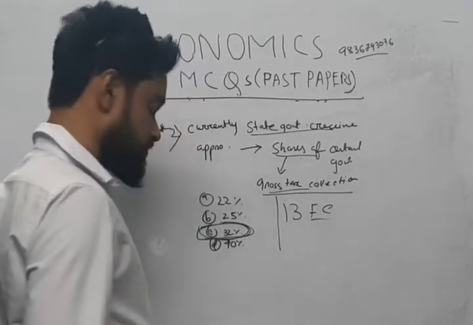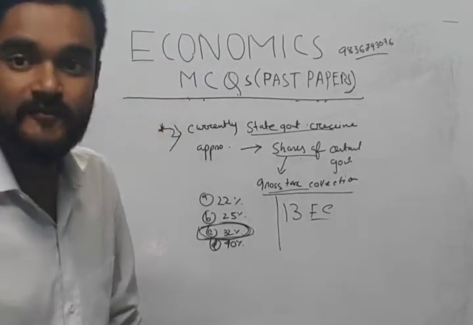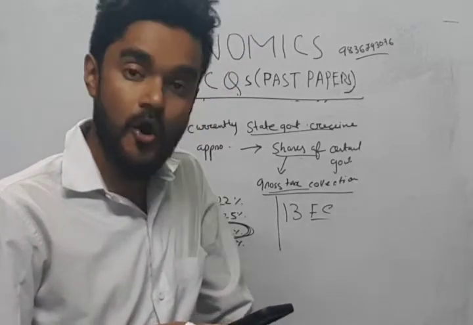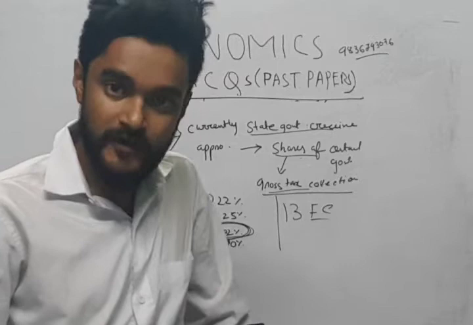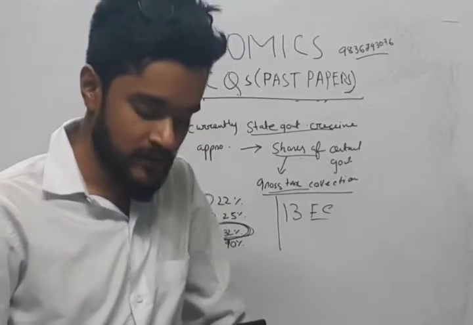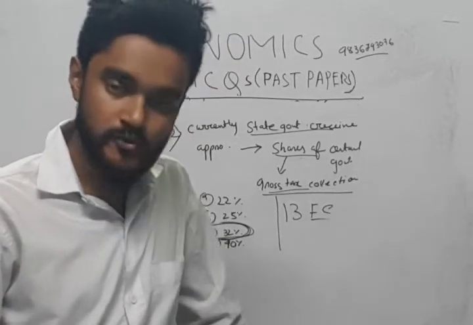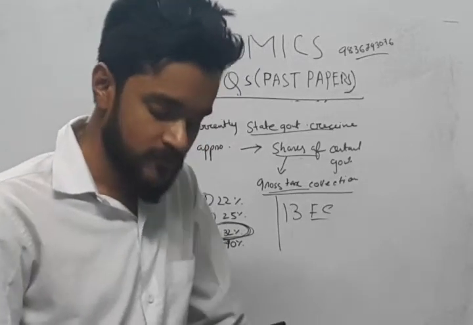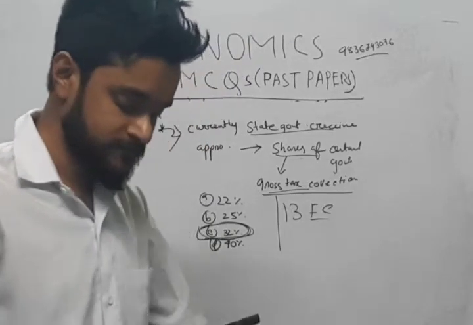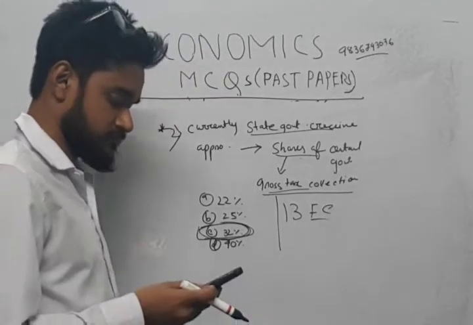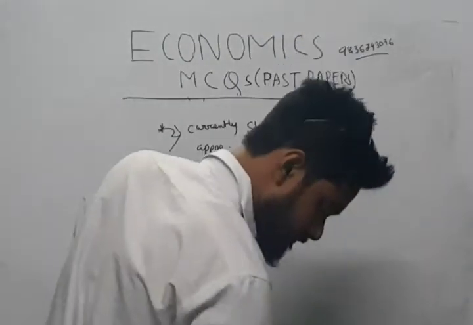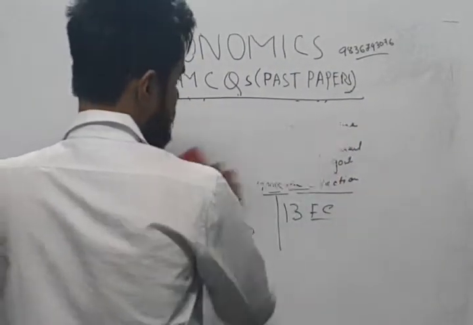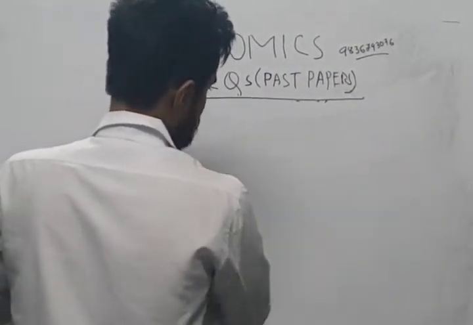In this next question, it is given: fiscal deficit is, four options are given: a flow variable, a stock variable, a ratio of flow variable to stock variable, and a ratio of stock variable to flow variable.